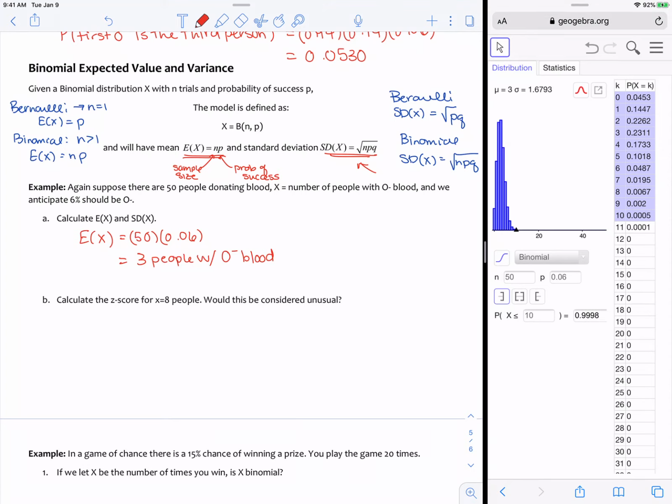Okay, and the standard deviation of X is going to be the square root of NPQ. So sample size times the probability of success times the probability of failure.